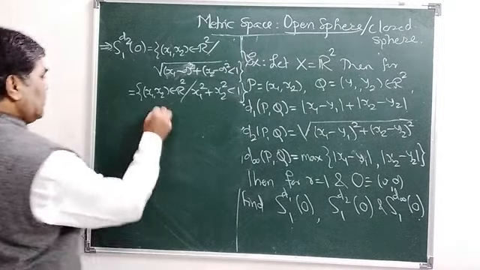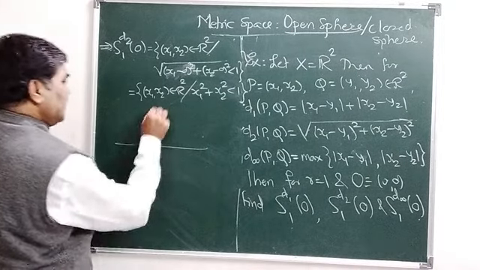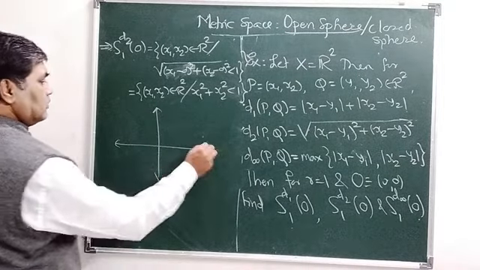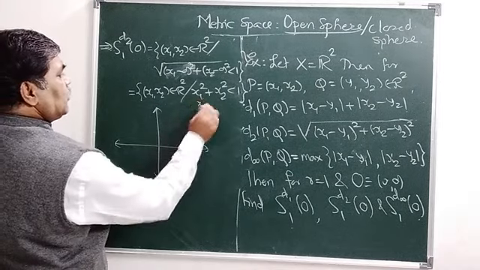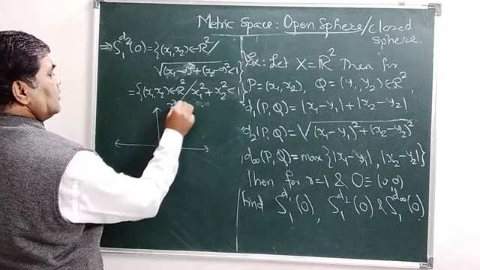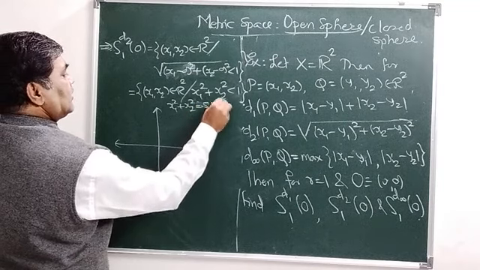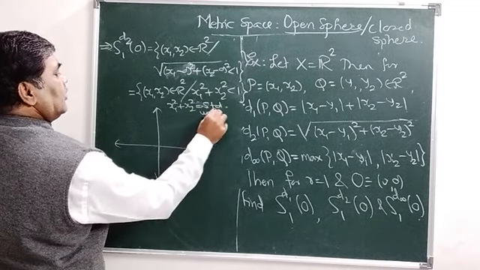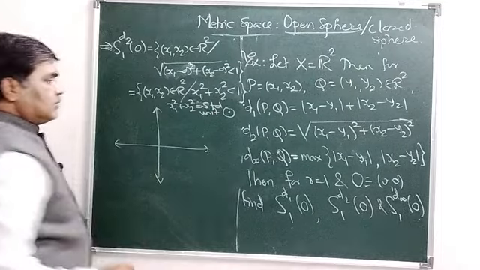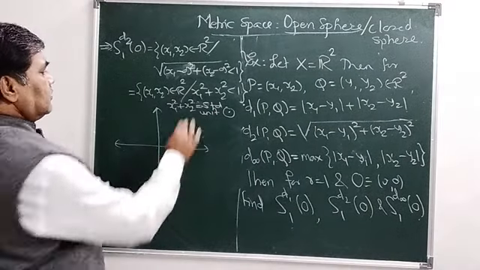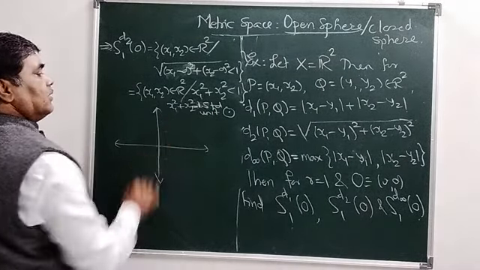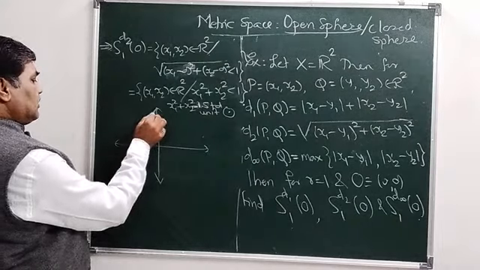If I take the equality, x1 squared plus x2 squared is equal to 1, the standard unit circle.